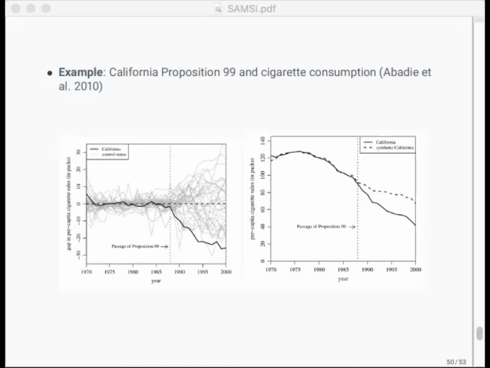And if we believe the assumption that it would have continued to perfectly capture that trajectory in the absence of Proposition 99, then we can look at the difference between this point and this point as the causal effect, or actually any points along these lines as the causal effect of the passage of Proposition 99 on cigarette consumption.